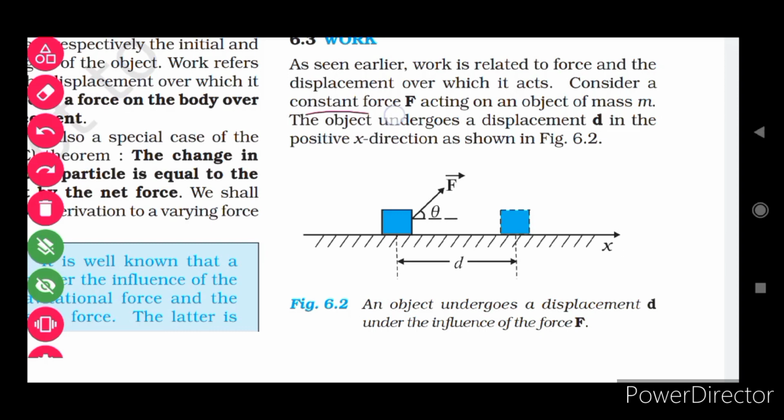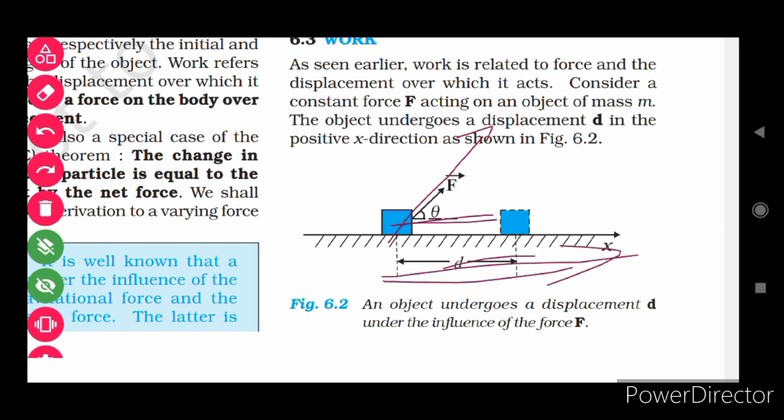A constant force has the same magnitude throughout; its magnitude will not change. The constant force is applied on this body in this direction, making an angle theta with the horizontal. Because of this force, the object moves a certain distance in the positive x direction.